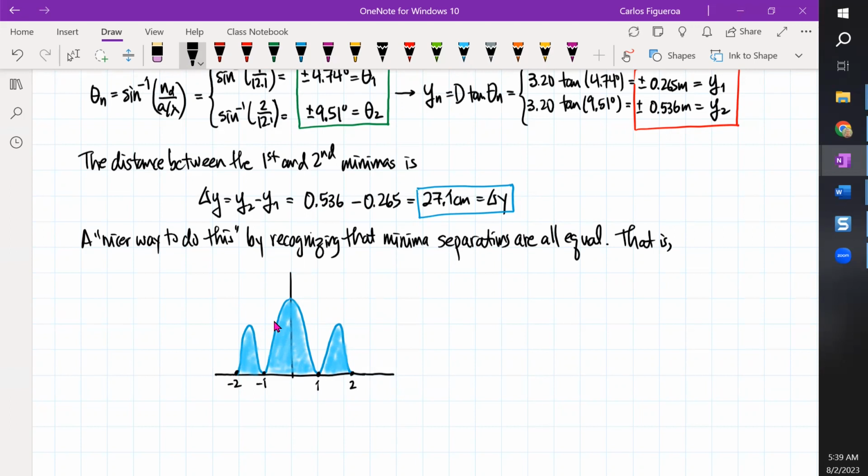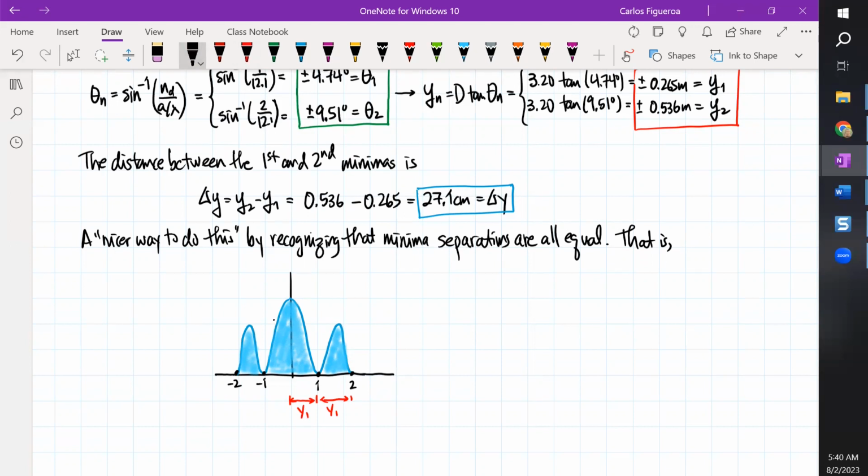So if the minima are the same distance, what this is really telling me is that the distance from here to here and the distance from here to here are all separated by y1. They all have the same separations.